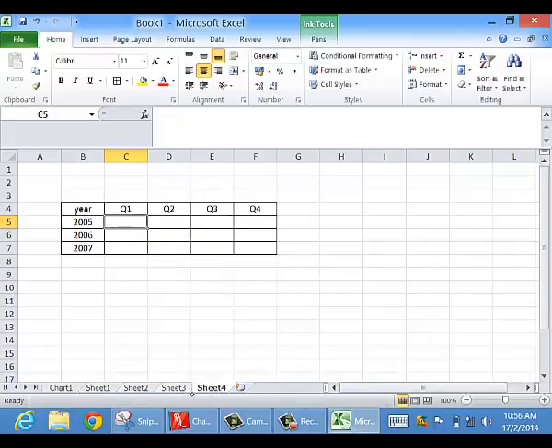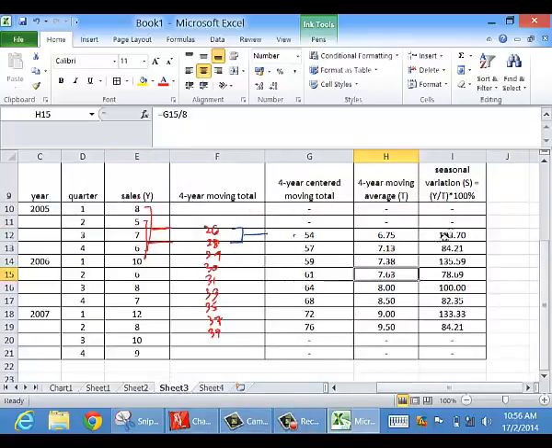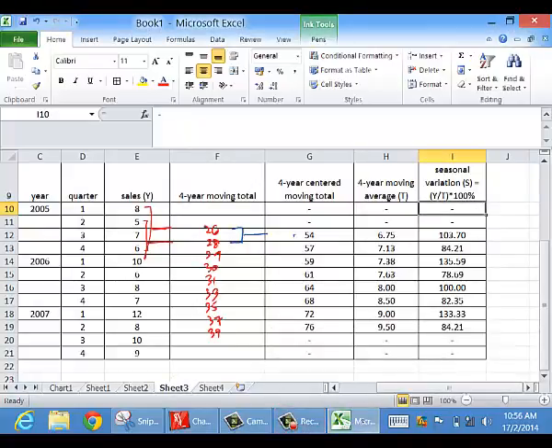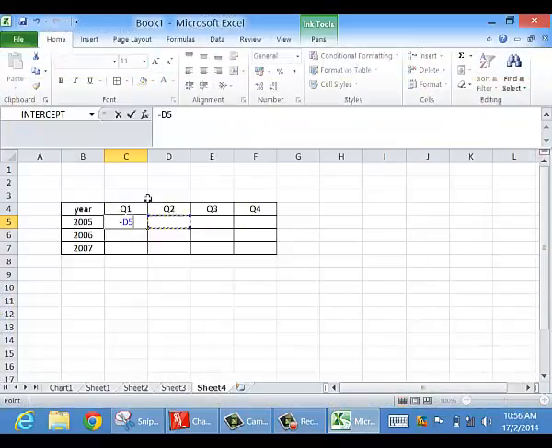The first value, year 2005, quarter number 1: is there a value or no value? No value, right? For the first two quarters, there is no value, so just put null.